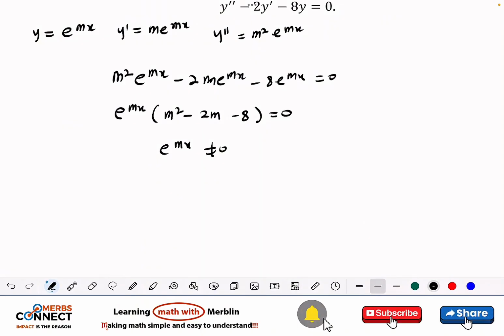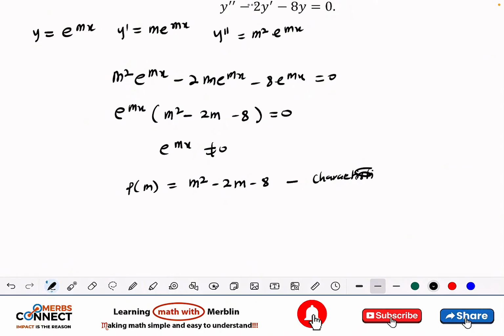Because this is the first example, I'll write the characteristic polynomial and everything for you. So here my p of m will be equal to m squared minus 2m minus 8, this is the characteristic polynomial.